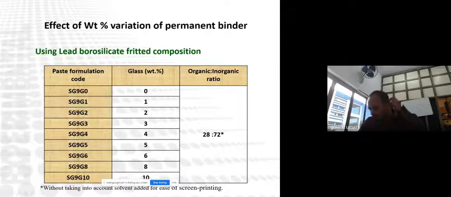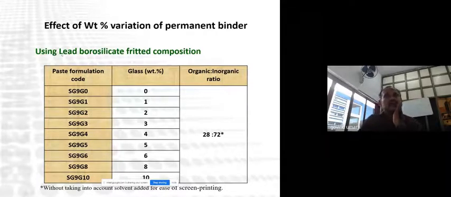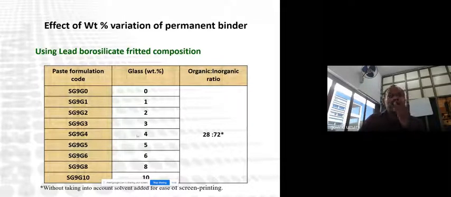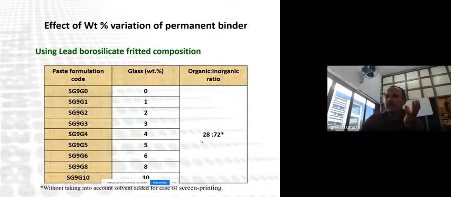The second part of this optimization is to optimize the glass content, which takes part in the composition. So in the first study, what we observed is that the 28 to 72 ratio is more optimized, and now we have to find out what the glass percentage is, because this data is not commercially available.